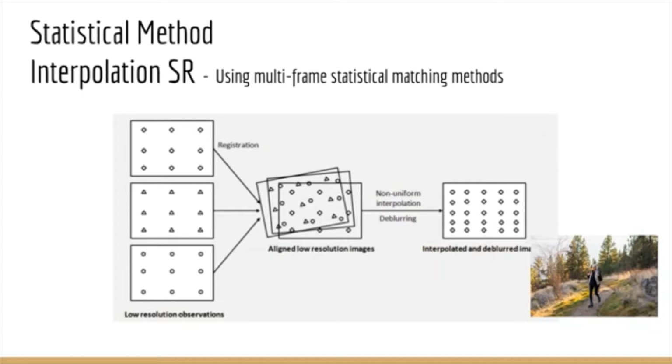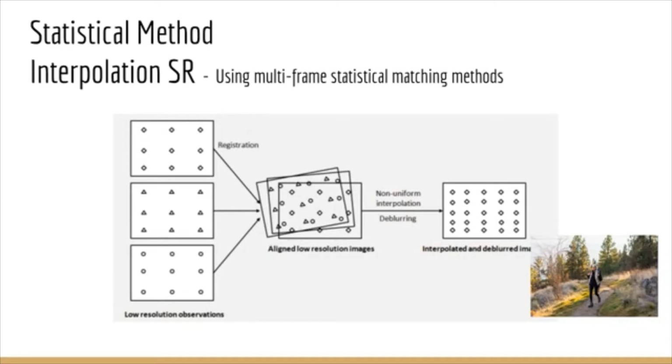Now coming to the statistical method, there's another implementation of interpolation super resolution. In this method, you take a lot of low resolution observations, and you also take them at different orientations. That is allowed. You are not limited by only the subpixel shift that was present in the previous method of combining multiple exposures.